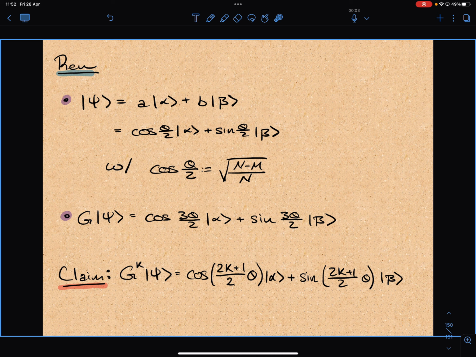And another trick is that you can arbitrarily change N to be a different input size. You can add more inputs and then change the angle a little bit to try to get closer.